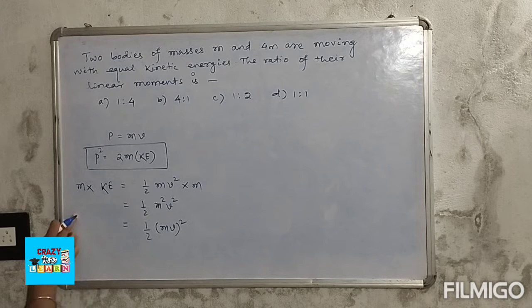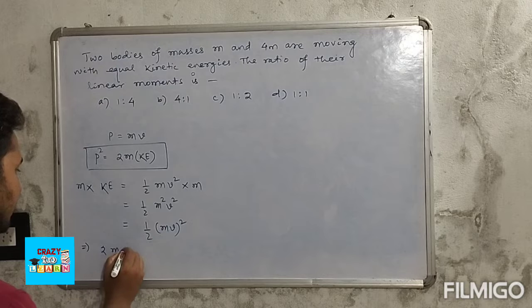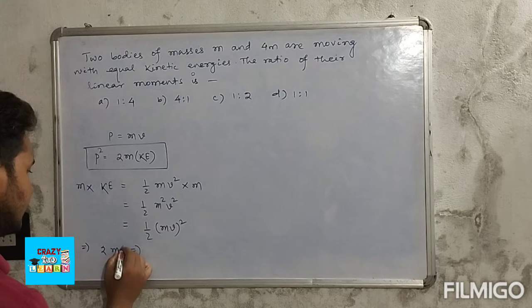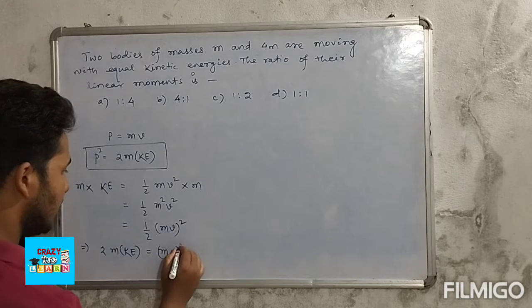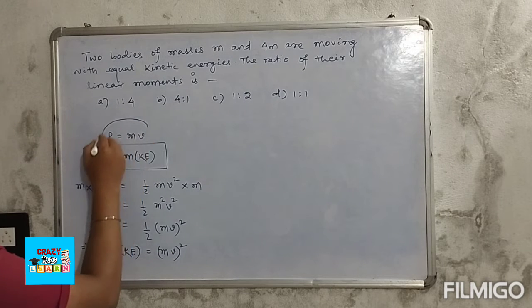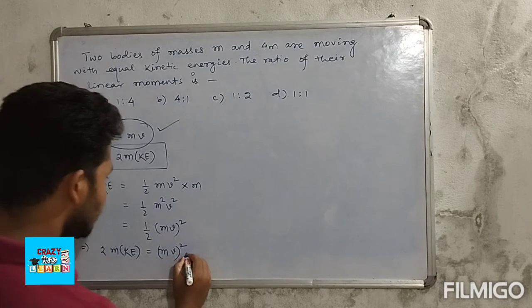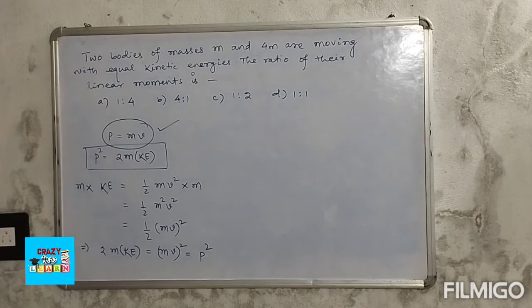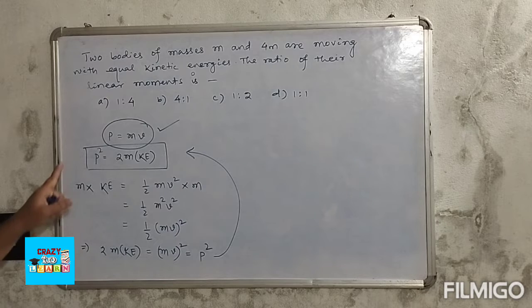Take 2 to the left hand side, you will get 2m kinetic energy is equal to mv square, and we know mv is equal to p, which is linear momentum, so you can write p square. So p square is equal to 2m kinetic energy. Clear? How I got this formula?